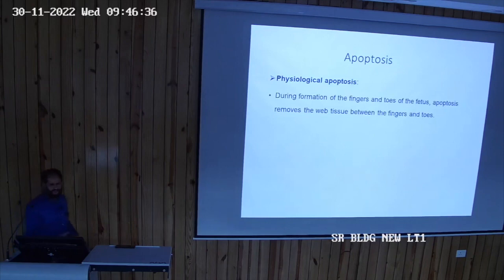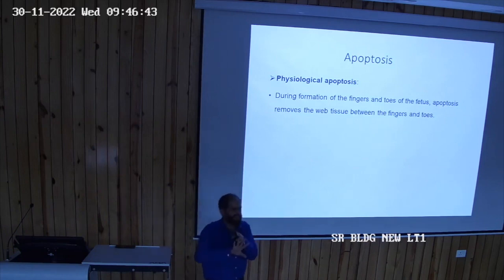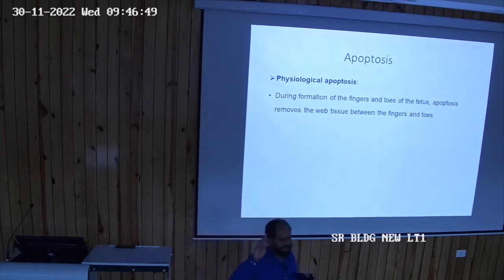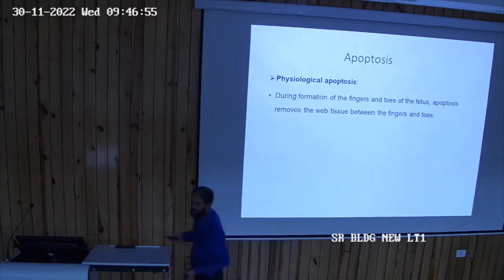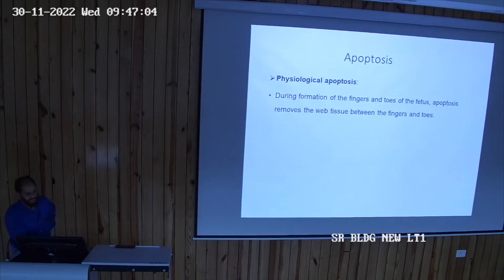As you know, during embryogenesis your fingers are all joined together by webs. इसका sloughing होता है in between the fingers, वो tissues का, and that is due to the apoptosis. So during the formation of the fingers and toes of the fetus, this apoptosis removes those web tissues in between the fingers and toes.